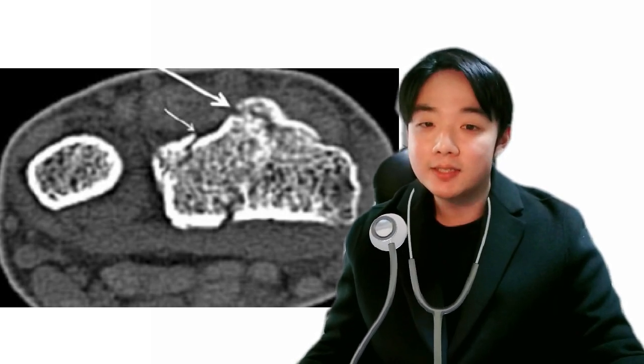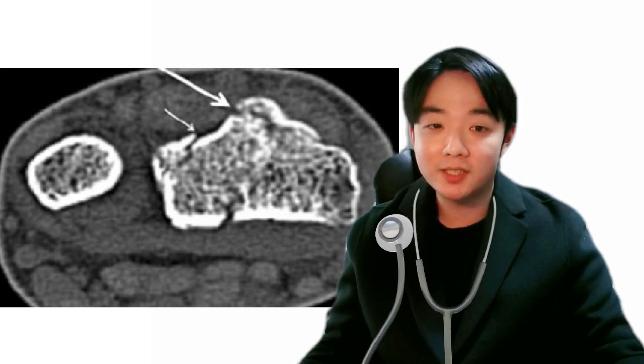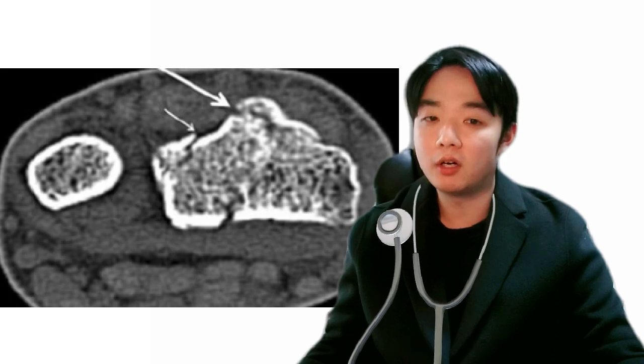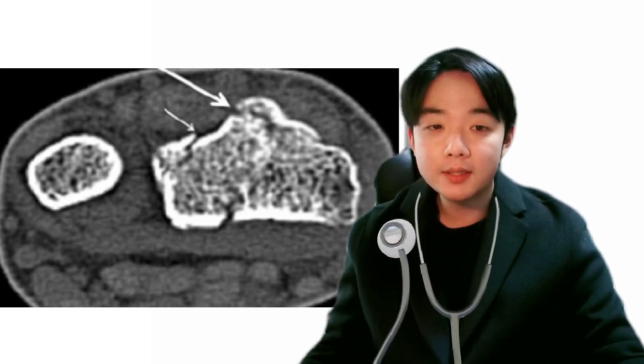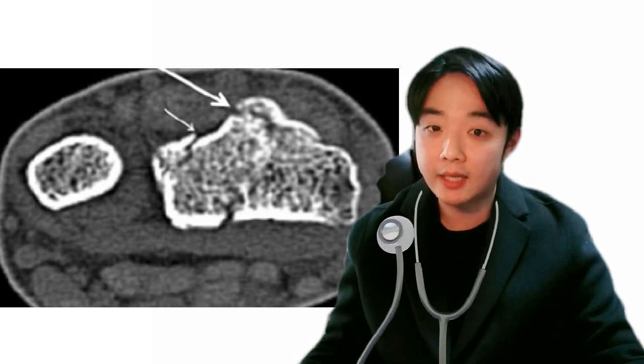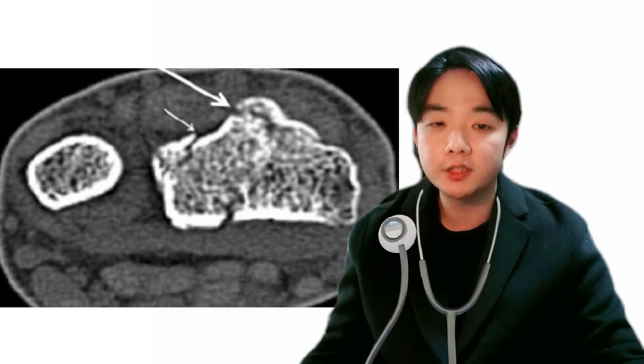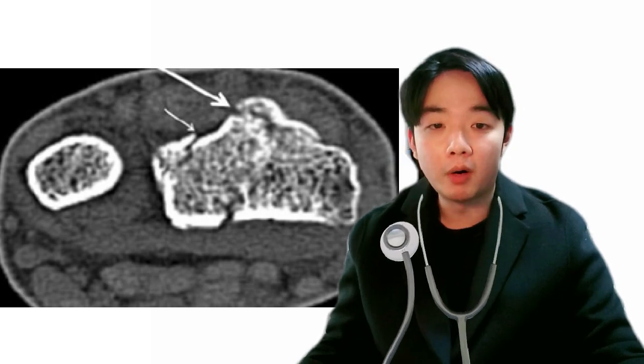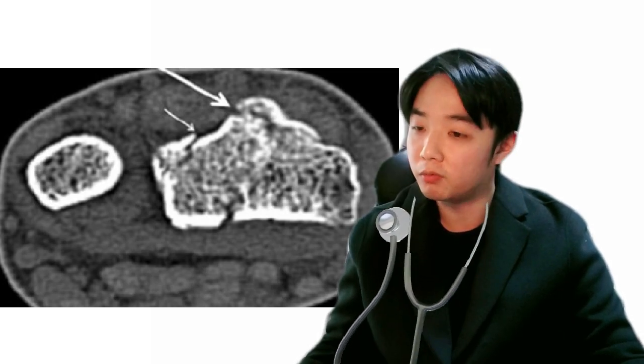In cases of radius fracture, when the displacement is minimal, there is a higher risk of extensor pollicis longus tendon rupture. In this kind of case, it is suggested that the patient be cautious of the risk of extensor pollicis longus tendon rupture while working to regain the range of motion of the wrist joint.